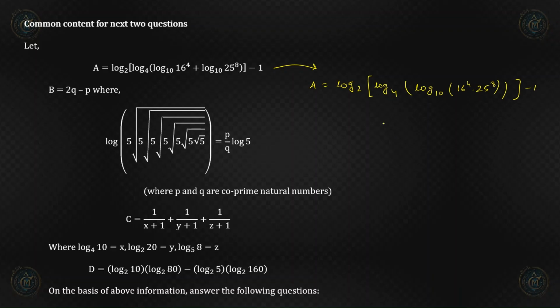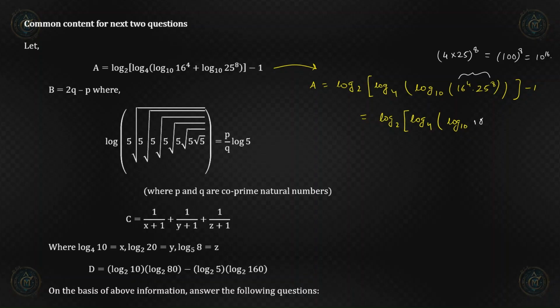Then we simplify this further. This quantity we can write as 4 times 25 to the power 8, and this we can also write as 100 to the power 8, which is 10 to the power 16.